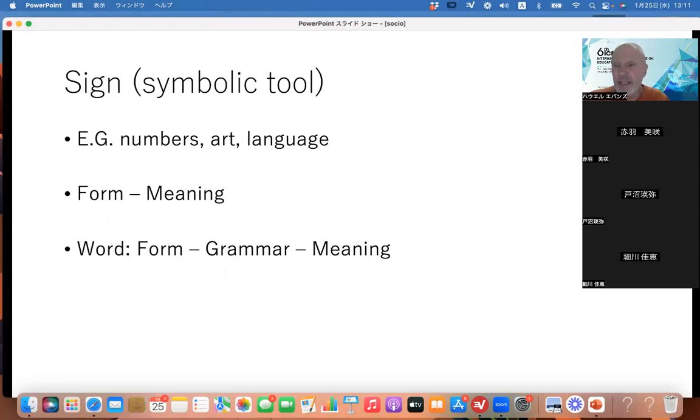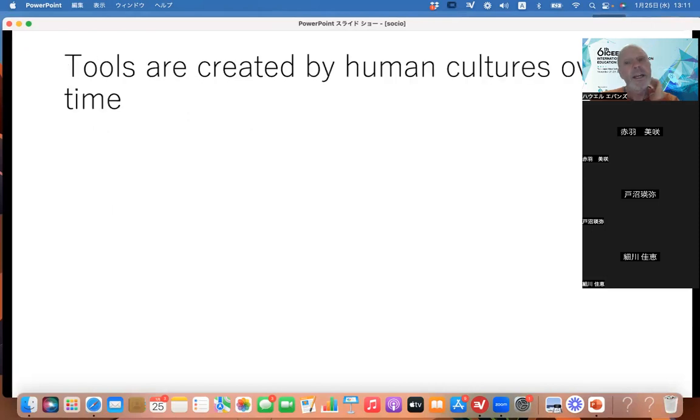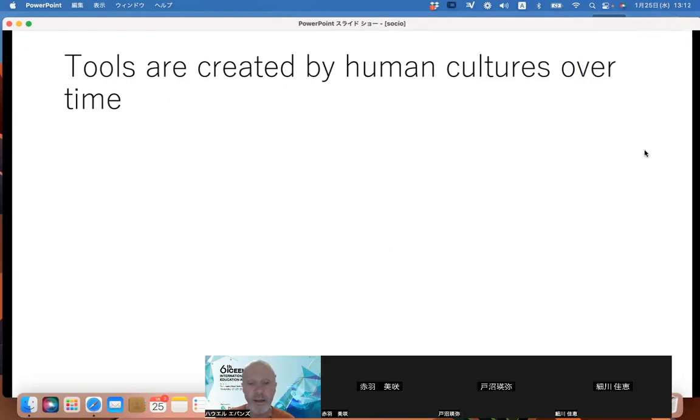That's it. Basically, that's what sociocultural theory is about. It's a theory of mental development, where mental development is mediated by symbolic tools, by signs. And the idea is that tools are created by human culture over time. So it's a kind of historical theory.